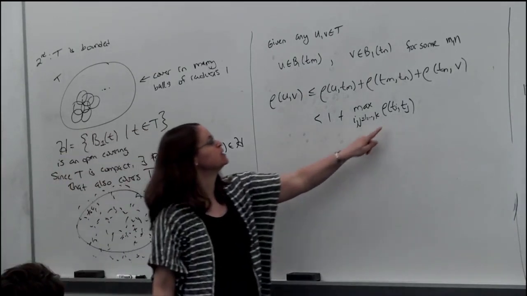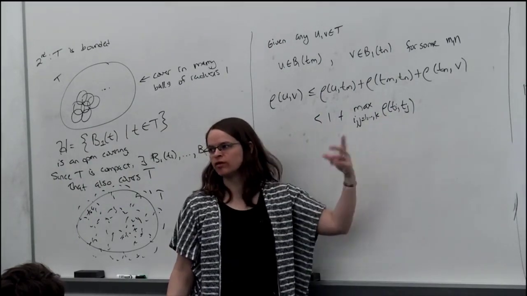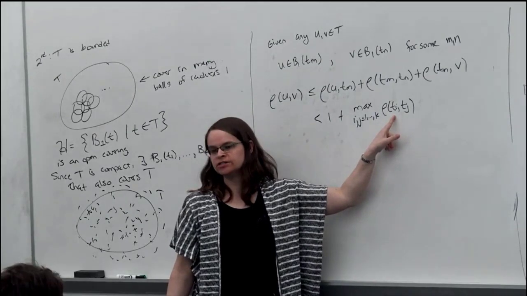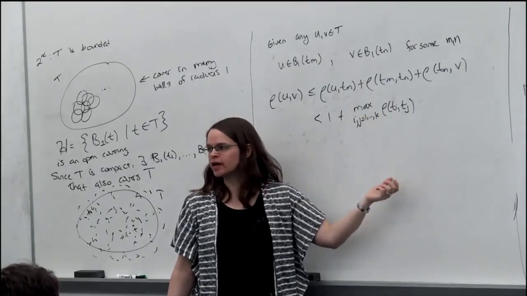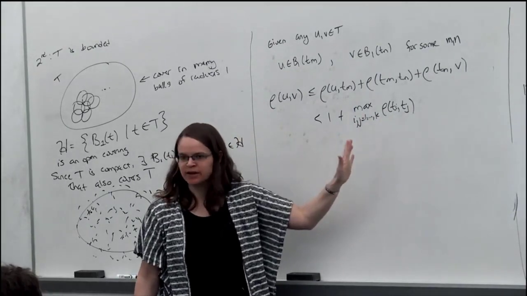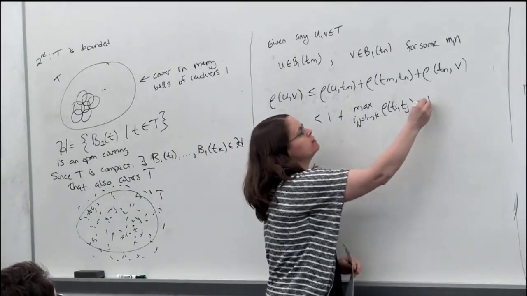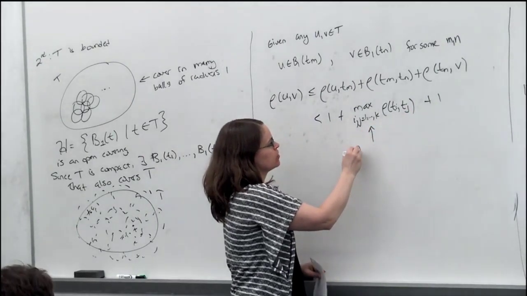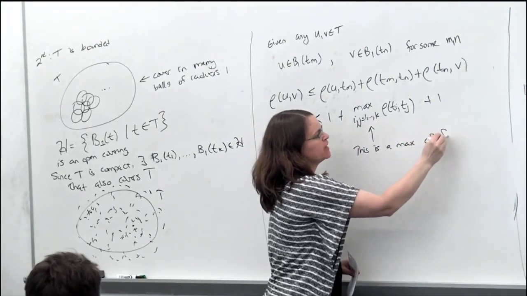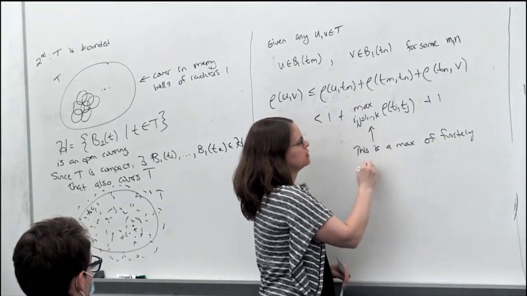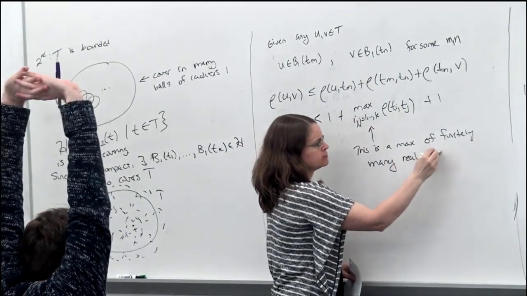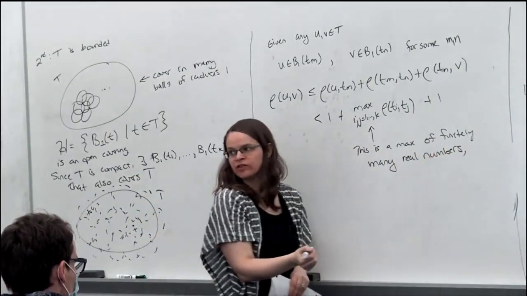The distance between T1 and T2 is some finite number. I don't know what it is, but it's some number. The distance between T1 and T8 is, again, some finite number. It's a maximum of finitely many real numbers, so there's no way it can be infinite. This stays finite.